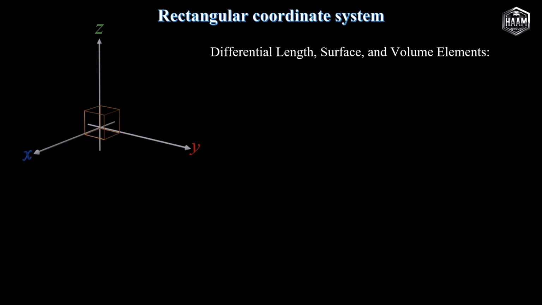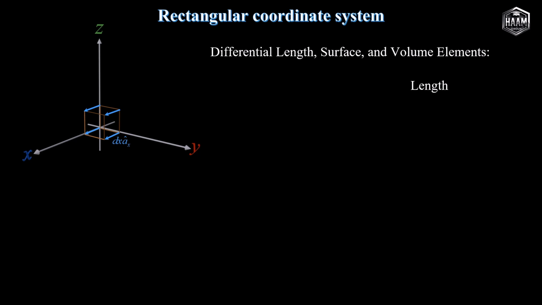Now we want to see all these differential length, surface, and volume elements together within this cube. Let us look at our differential length elements here. There are 4 dx segments, which can be represented as dx times a hat sub x, shown here with an assumed positive direction.